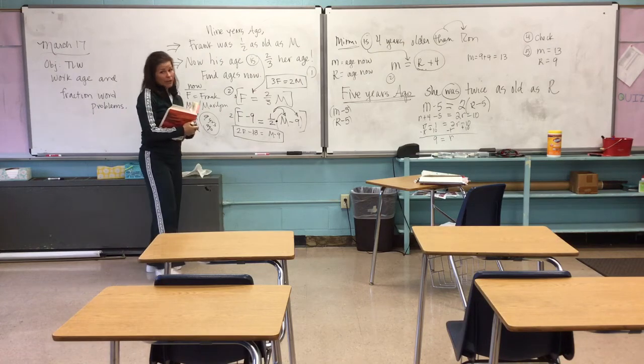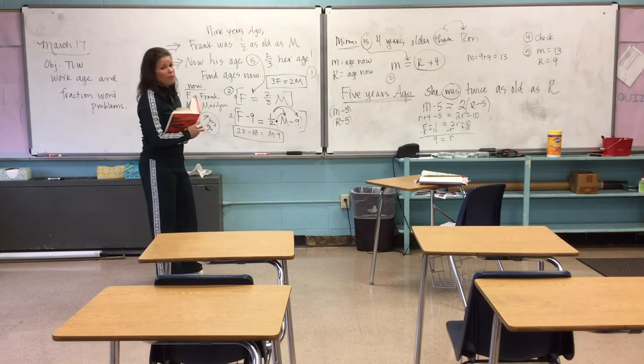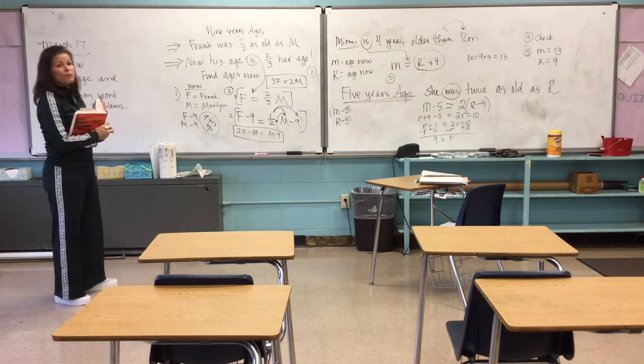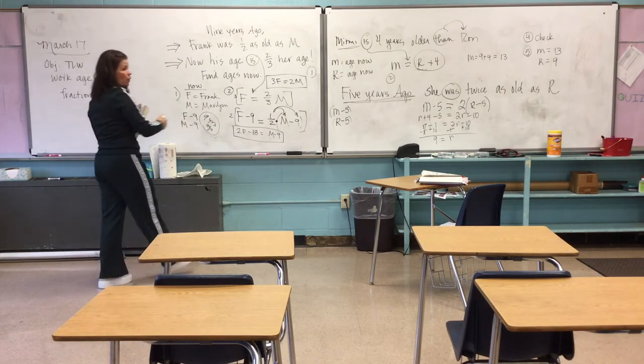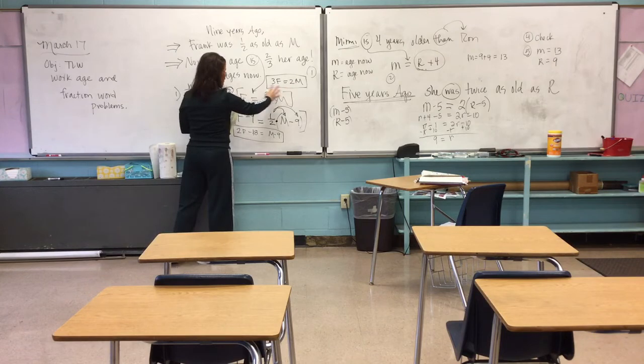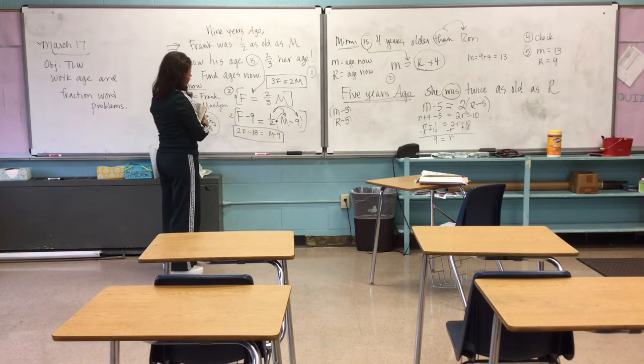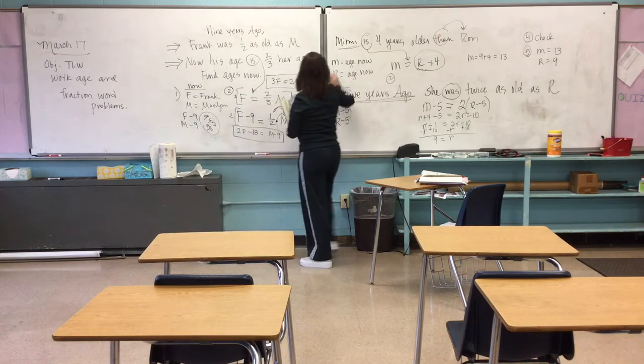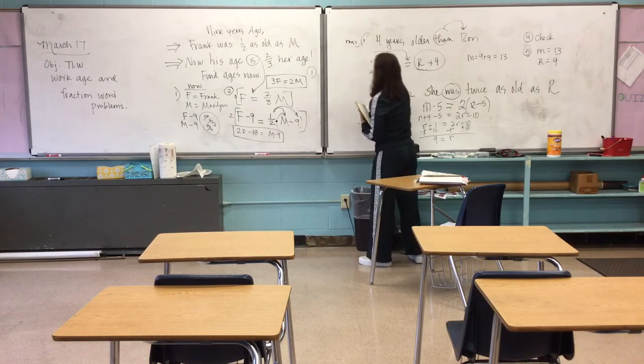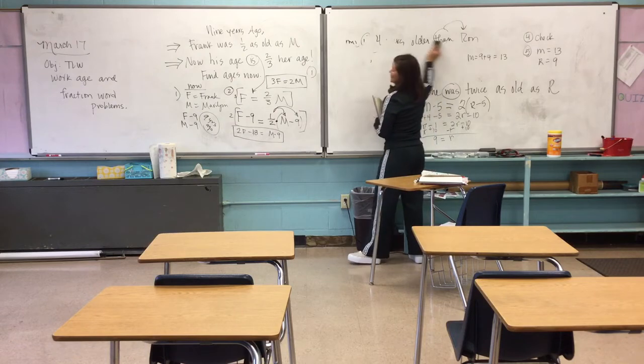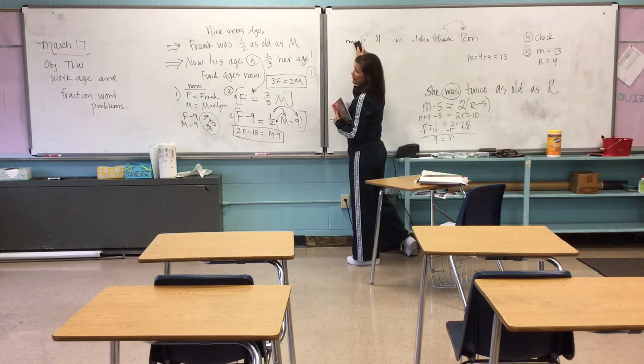I want you to stop the video, and finish this problem and do work on step 3, which would be to try to solve using whichever method you like. Stop the video and turn it back on to see the fantastic ages of Marilyn and Frank.